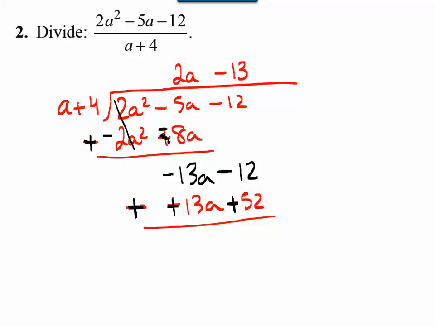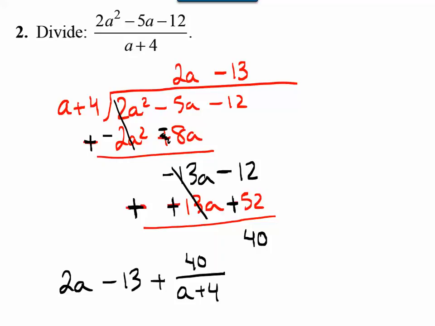All right, final answer, a remainder of 40. Can't go beyond that now. And final answer, 2a minus 13 plus 40 over what we were dividing by in the first place, a plus 4.